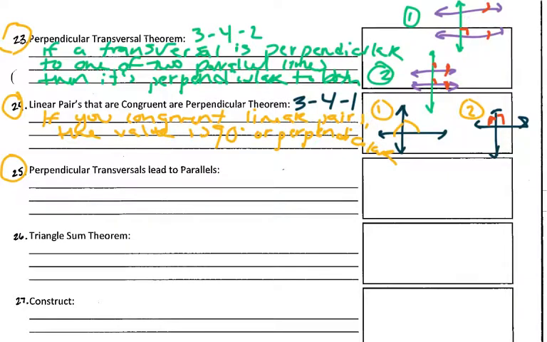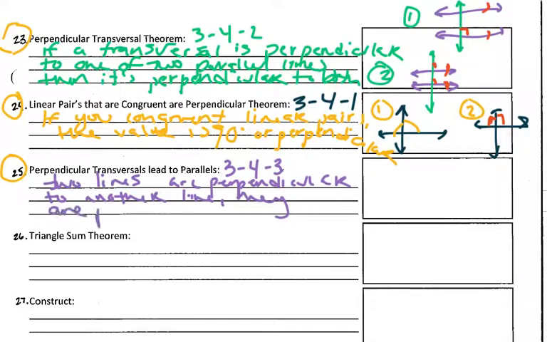Alright, and then the last one came to us as 3-4-3 in the notes. And it's the perpendicular transversals lead to parallels. So if two coplanar lines are perpendicular to the same line, then they must be parallel. So if two lines are perpendicular to another line, they are parallel.